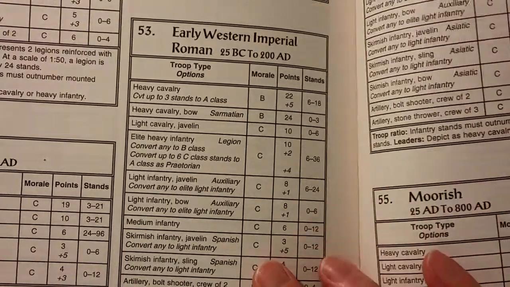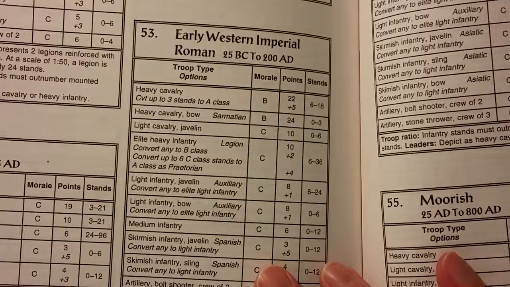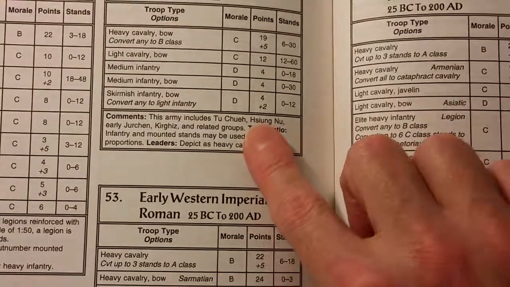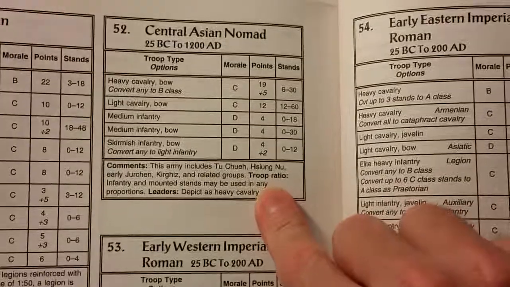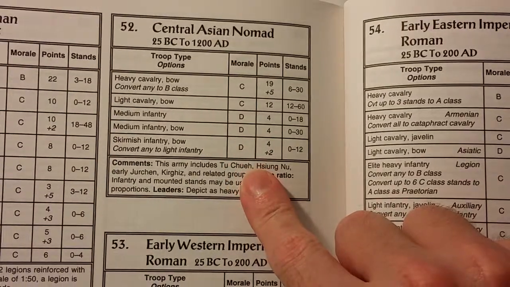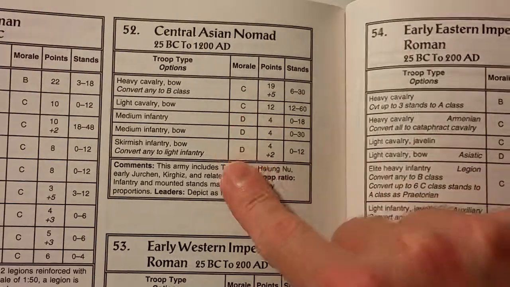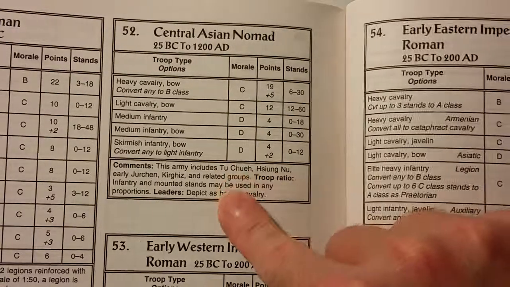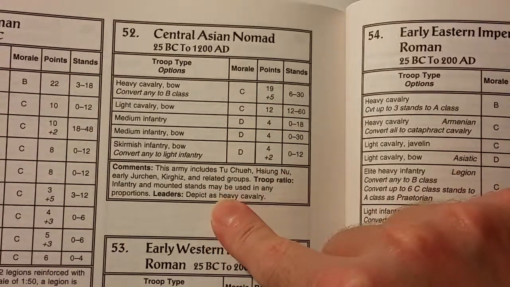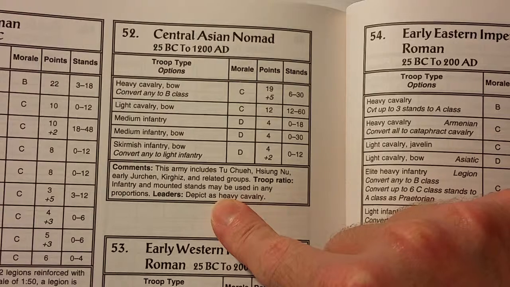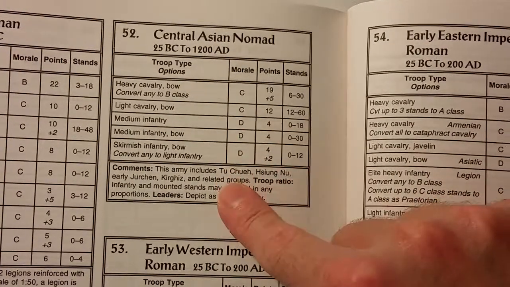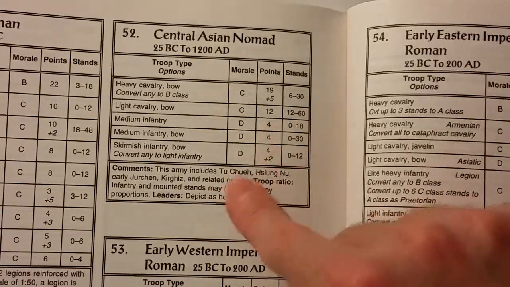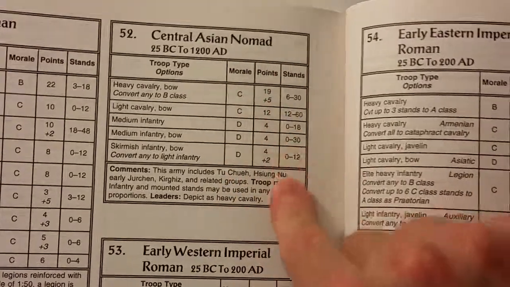I wouldn't say that's the case here, but it's my impression that these tables are useful and utilitarian. So if you want to make a Central Asian nomad army, the table is going to help you do that. Clear, easy to read, easy to use. Yeah.